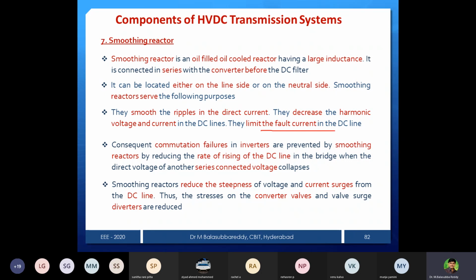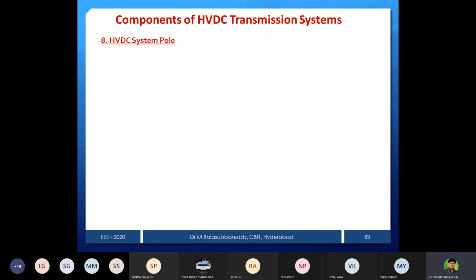The reactor will not allow sudden changes, so the stiffness is reduced to some extent, and the stress on the converter valves and valve surge diverters is reduced. So surge arresters can be minimized because of the smoothing reactor. Some protection can be reduced, so the total cost of the system is minimized.